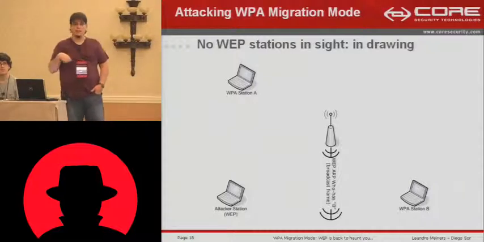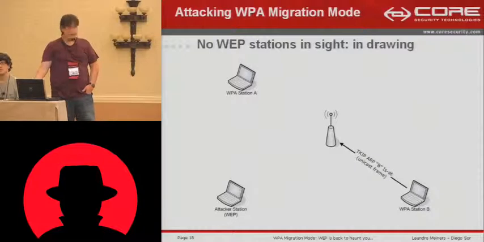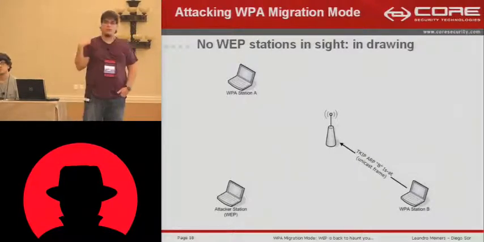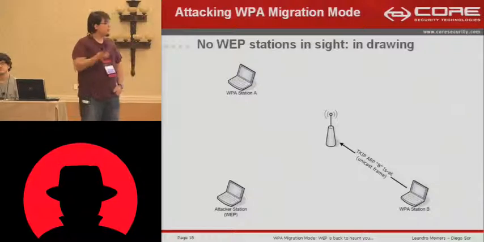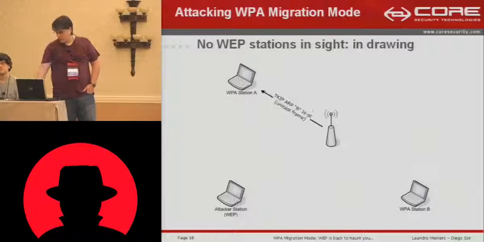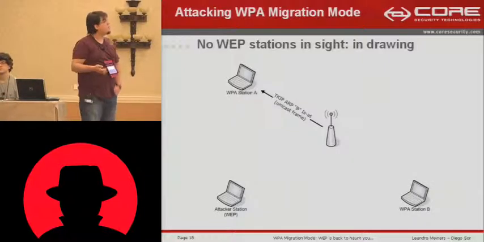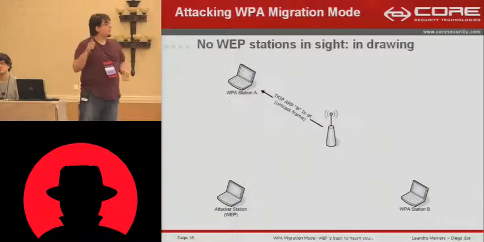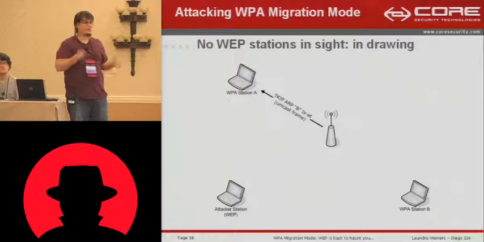So this frame we can capture because it's a WEP frame that we need. Then station B will see that ARP frame and say, okay, now I have to answer that. It will send a unicast reply encrypted with TKIP. This reply will be forwarded by the AP onto station A, also TKIP encrypted using the key that the AP and station A share.